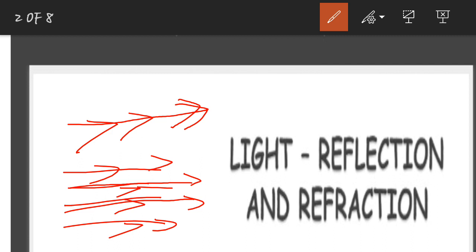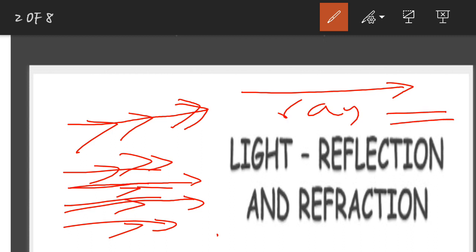What do we call it? We call it a beam of light. So a single line we call a ray, and this we call a beam of light.